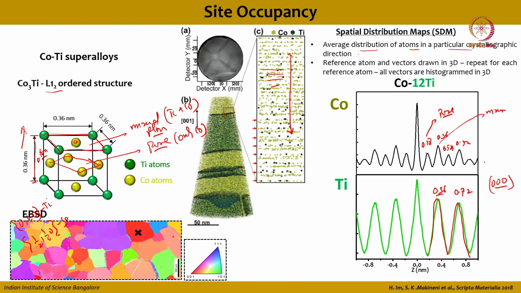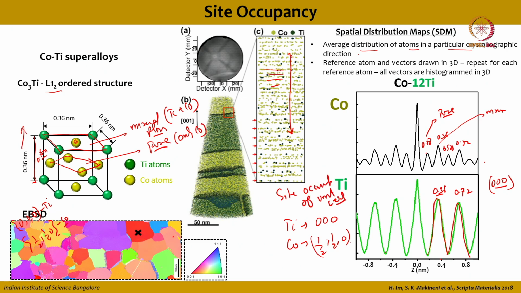So from these SDMs, what you can find out is that titanium is occupying the 0 0 0 positions, while the cobalt occupies the half half 0 positions. So this is how these spatial distribution maps can be used to identify the site occupancy of any unit cell.